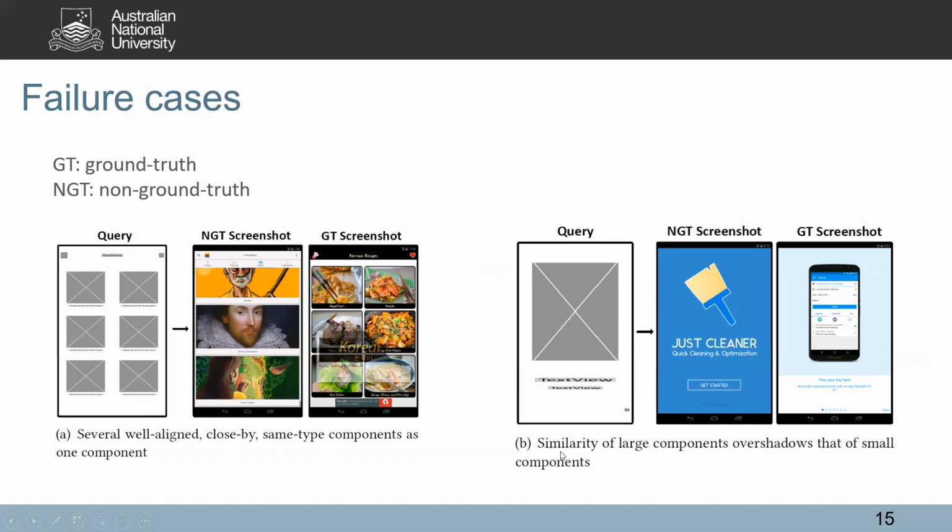The second type is that the query image contains a large component covering the majority area of the UI, and the model returns UIs which also have the same type of big component but are missing some small elements.